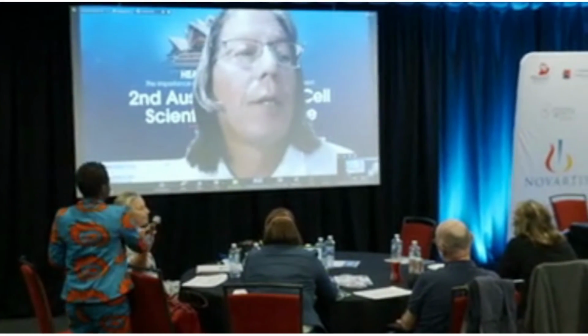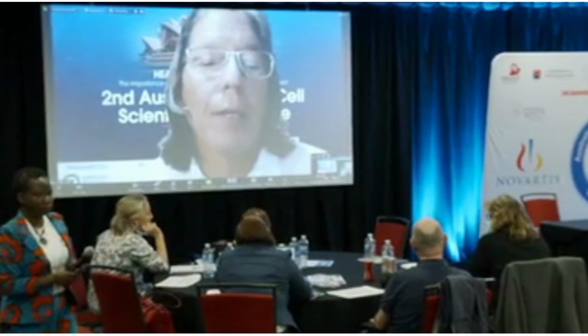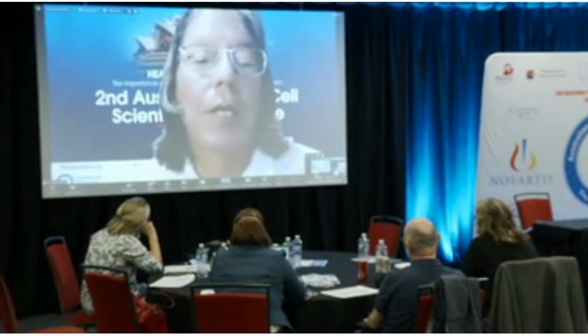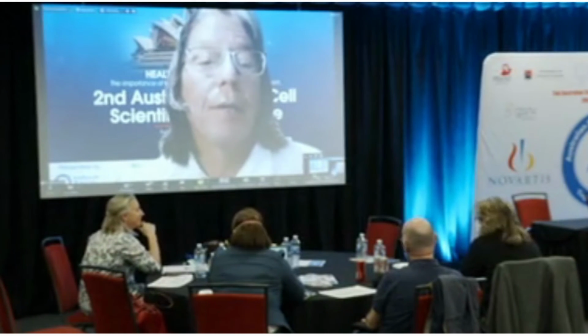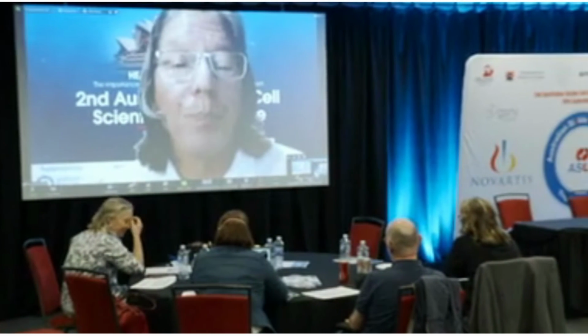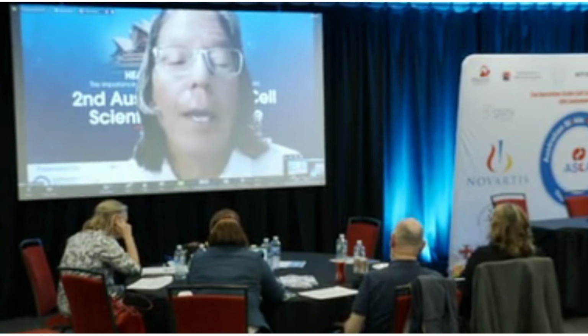Right, so in the US, there's an approved anti-sickling agent that's called voxelotor. I'm afraid I don't know if it's approved in Australia. It's just become approved in some areas of Europe. This is a small molecule agent that binds to the hemoglobin molecule and helps to stabilize it.